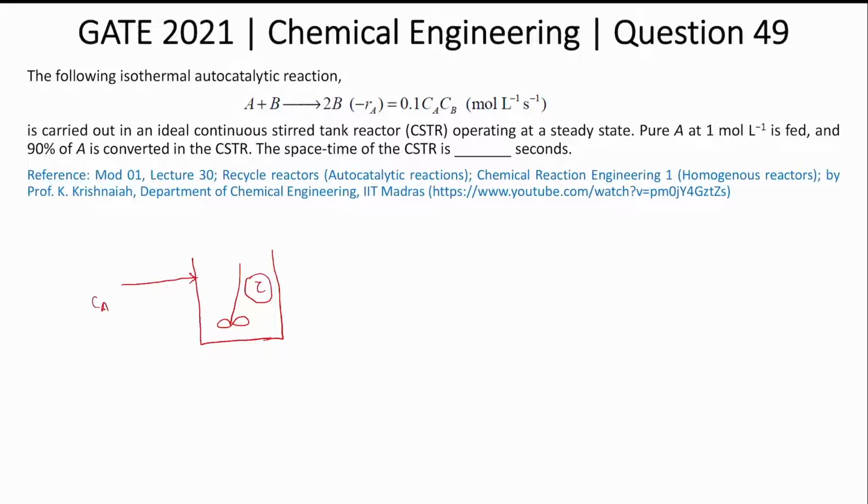The inlet of the CSTR has Ca0 as 1 and Cb0 as 0 because the feed is pure A. And the outlet will have Ca and Cb as the outlet concentrations of A and B. And it is given that the reaction is an autocatalytic reaction, A plus B giving 2B, and the rate of the reaction is given as minus Ra is equal to 0.1 CaCb.